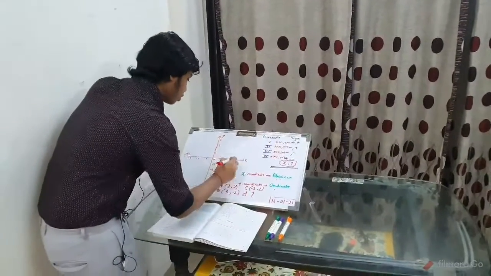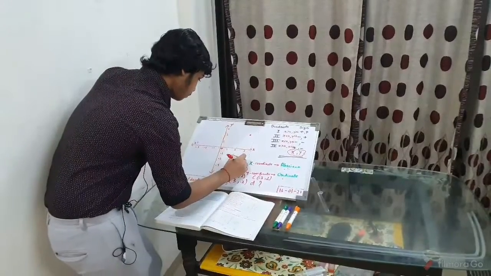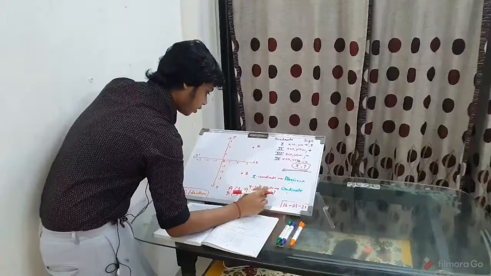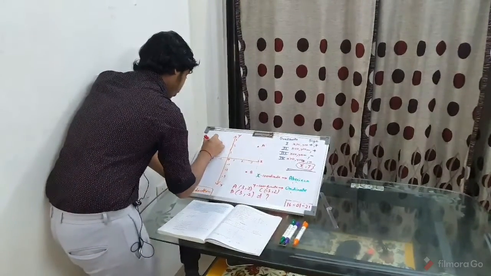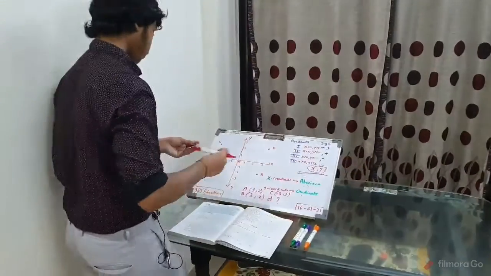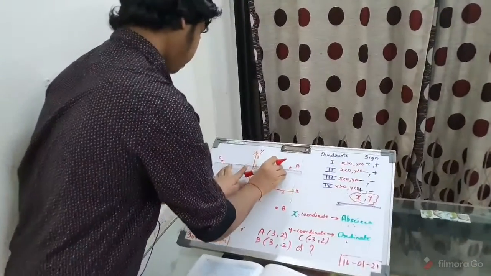So first 3, 2, then 3, minus 2, and minus 3, 2 will be C. So here is the figure. Let's make the figure.